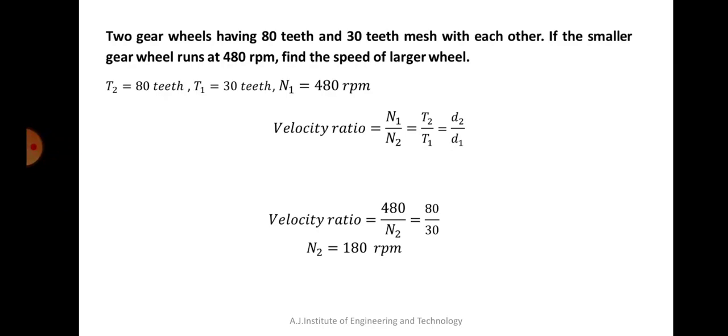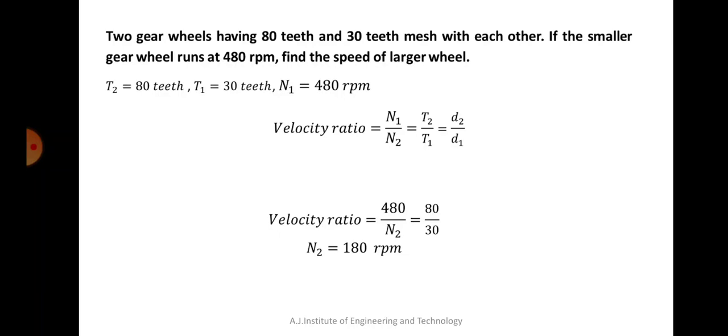So t1 is 30, t2 is 80. Smaller gear means the one having fewer teeth, and that gear will be running at 480 rpm. So you have to find the speed of the larger wheel.